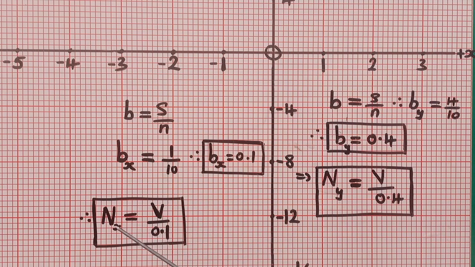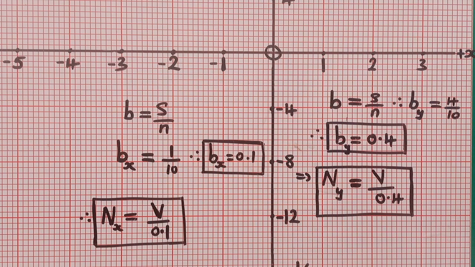Likewise, if you want to locate a value along the x-axis from the table, place the value you want to locate here and divide by 0.1. Whatever it gives to you, that is the number of boxes you must count from the origin to reach the value. Let's put these two formulas into work. From now on, until we locate all the values, it is these two formulas we're going to be using. Don't forget that finding the value of one unit box is the most crucial or the most essential stage of plotting graph.